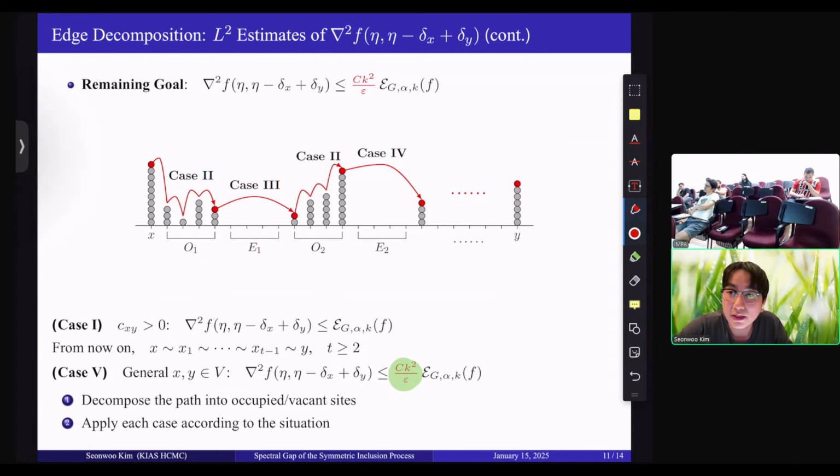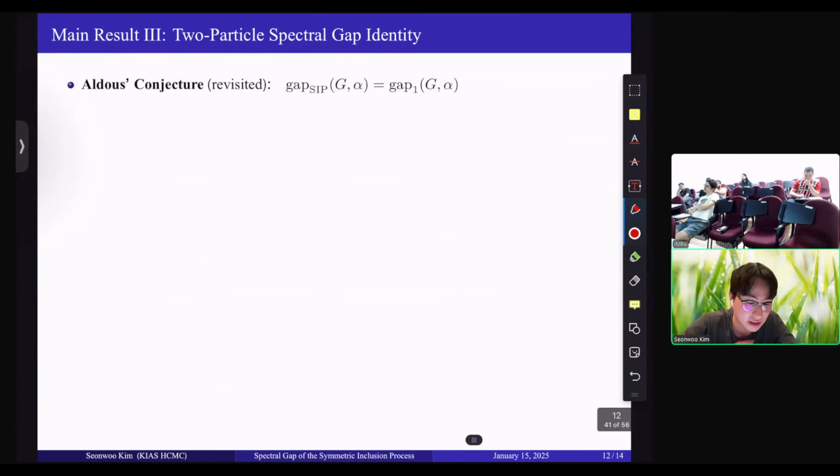I do not really have much time, but let's move on to the third main result. This is one of the main themes that we focus on in our second paper. So I'll just briefly recall the Aldous one-particle conjecture, that for many particle systems we have an identity that gap C is exactly equal to gap 1.